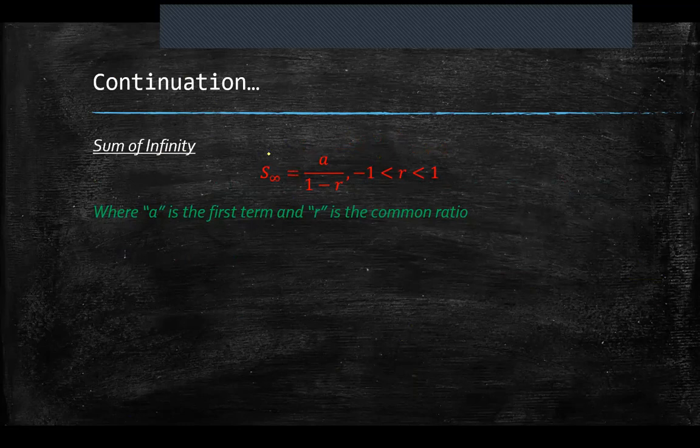S infinity, the sum of infinity, is a on 1 minus r, and this r here is between -1 and 1. So it's greater than -1 but less than 1. A is still the first term, and r is still the common ratio. Anytime they ask you to find the sum of infinity, this is what you use, every single time. It does not change. It's either you know it or you don't, so make sure you know it.